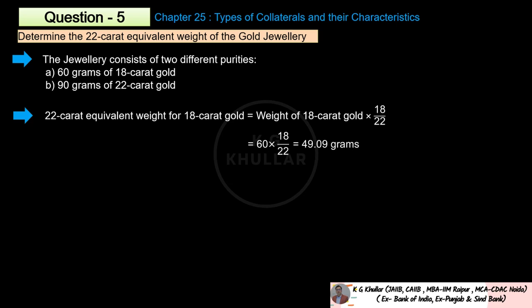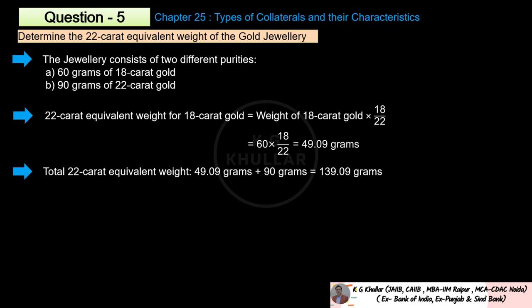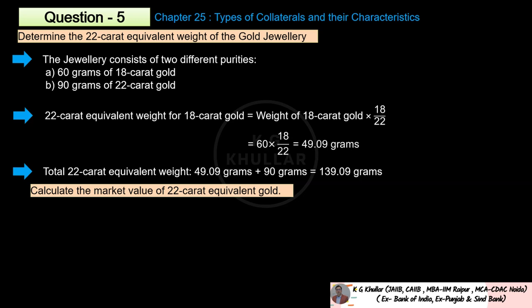Then next, 90 grams of 22 karat gold does not need any conversion as it is already in the desired purity. So total 22 karat equivalent weight will be simply 49.09 plus 90 equals 139.09 grams. Then next we have to calculate the market value of this 22 karat gold equivalent.